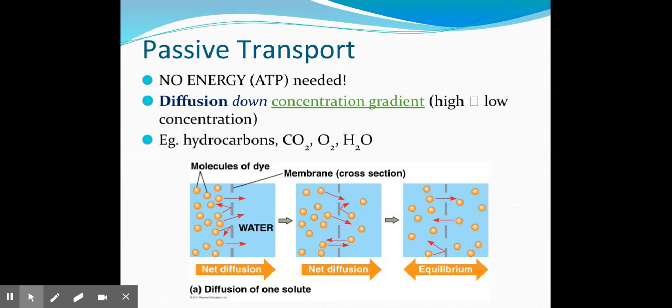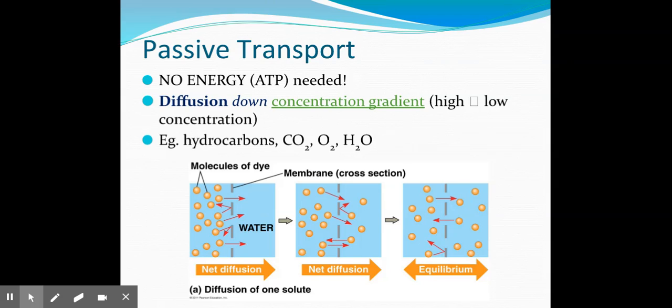And oftentimes the AP world likes to say it moves or diffuses down the concentration gradient, which means it's going to move from a high concentration, lots of stuff, to a low concentration, much less stuff. So a few examples, again, are hydrocarbons, carbon dioxide, oxygen, and water is another example that at times can be included within this list.